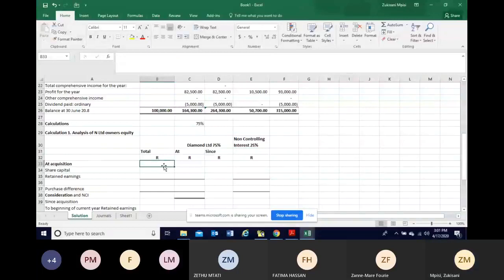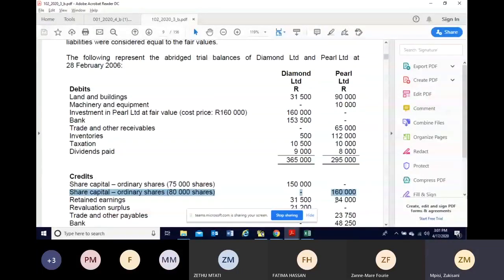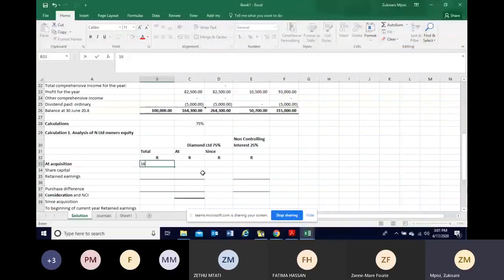So at acquisition, it's clear that we had 160,000 share capital.